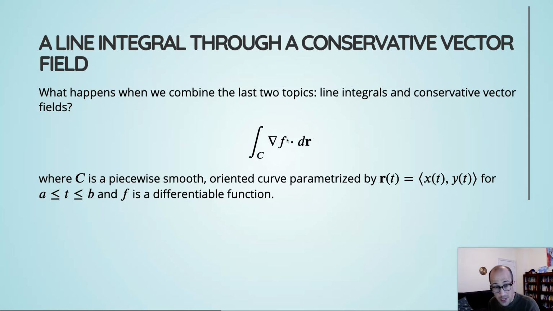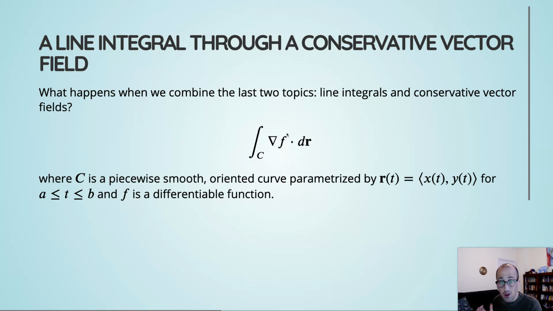Oh, it's the gradient of some scalar valued function f. Again, that's what it means to be conservative. You are the gradient of some potential function. There. We did a lot of work to define what a gradient was and understand what its properties are. Now seeing it as a vector field is important. And then remember, the dot notation here is to say, okay, how are we adding up the values of my vector field?